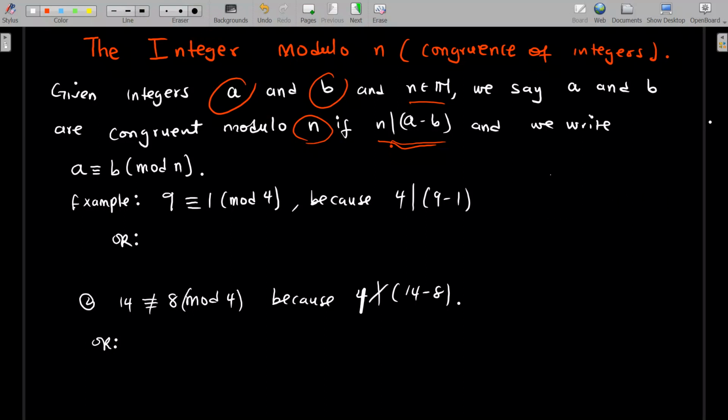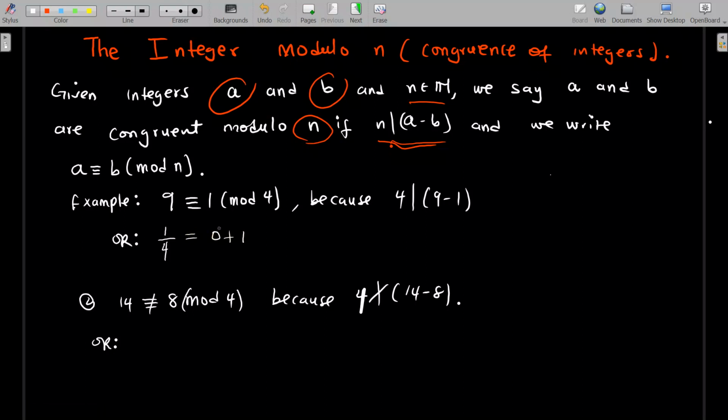On the other hand, you can also use the idea that with modulo, you just find what you get when you divide 1 by 4. You get 0, remainder 1.